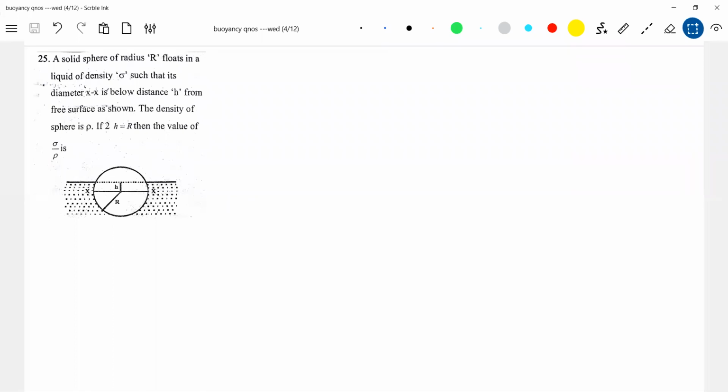I'm testing your mathematics here. Okay, get into the calculation part. That 2h equal to r, or h equal to r by 2, is the condition.